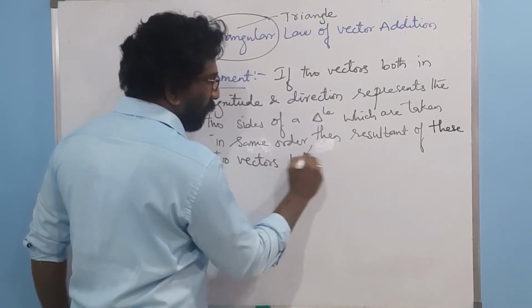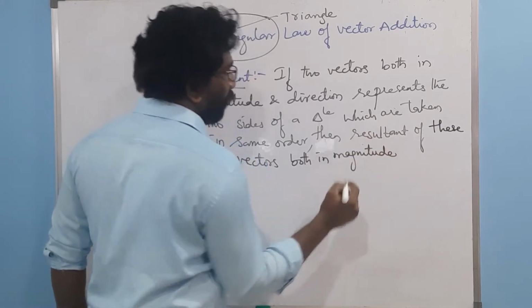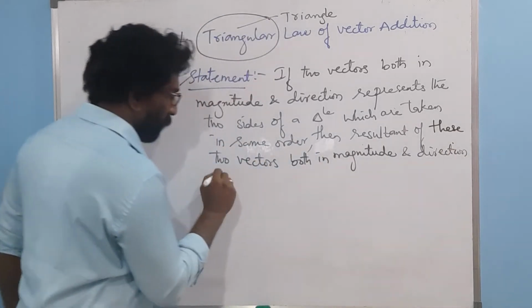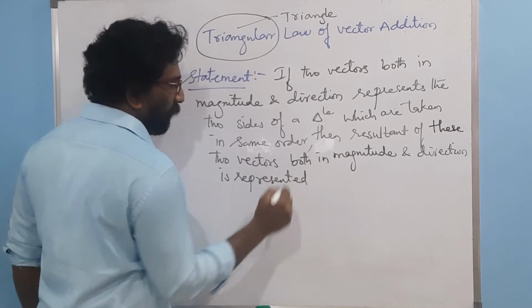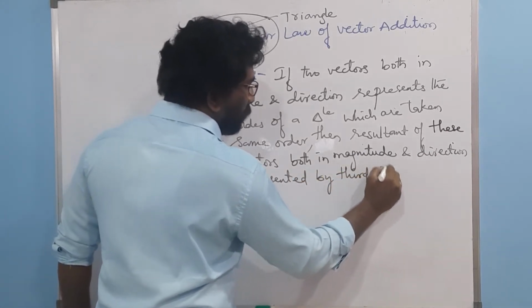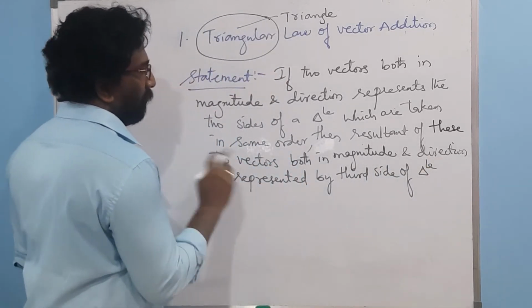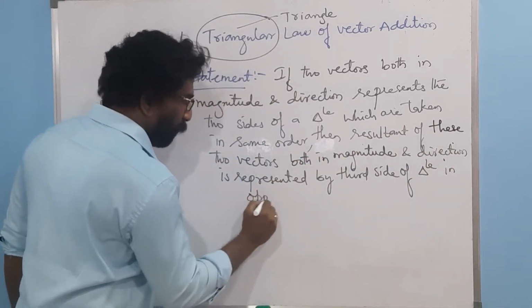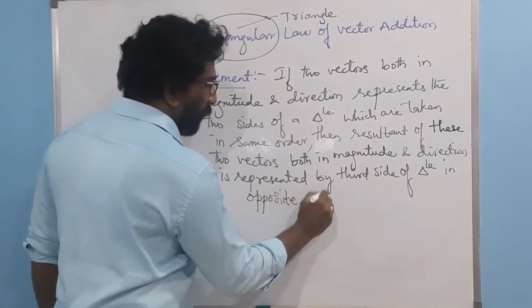both in magnitude and direction, is represented by the third side of the triangle in opposite order.